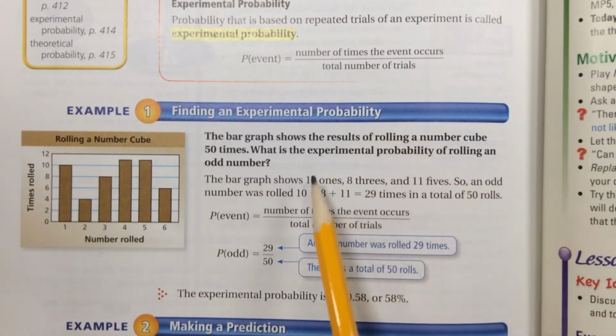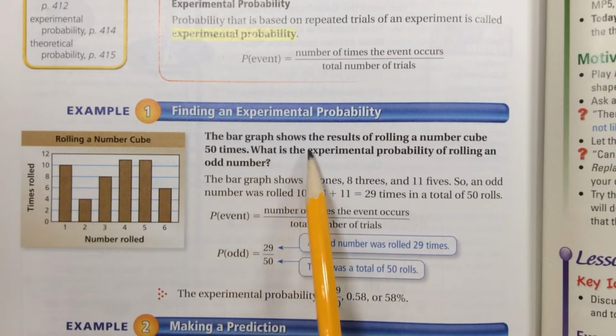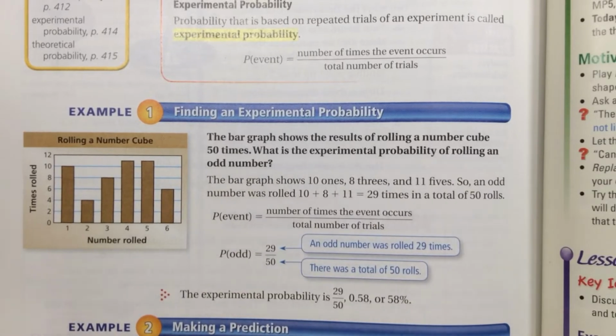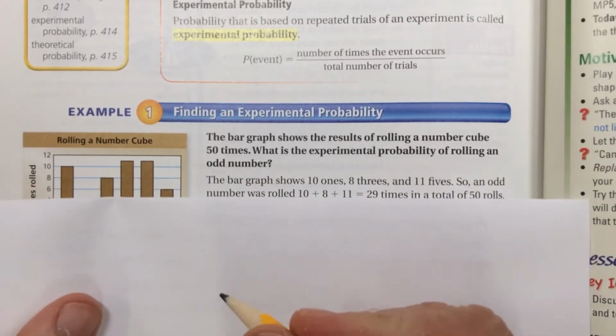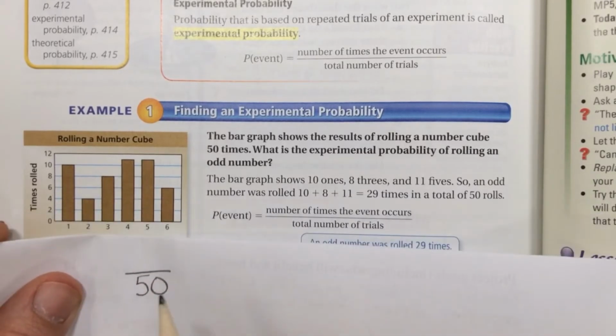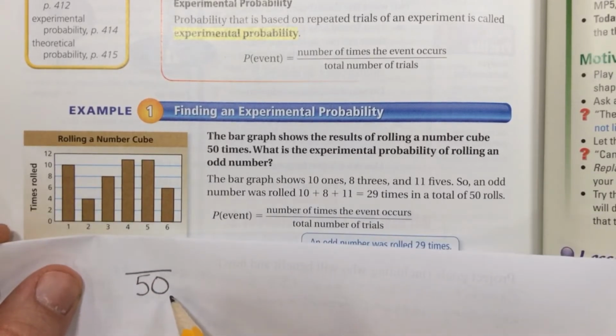Or I could just look over here and it says the bar graph shows the results of rolling a number cube 50 times. So it tells us they rolled it 50 times. So when we're going to write this experimental probability, we know that 50 will be our denominator because that's how many times we ran the experiment, or the total number of trials.